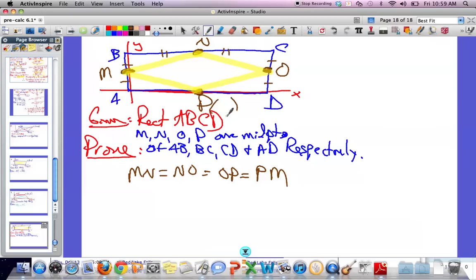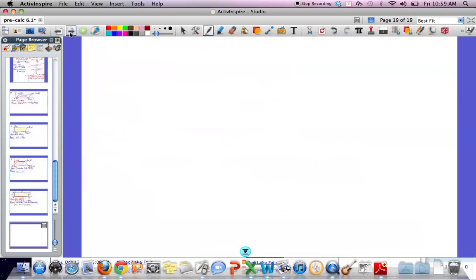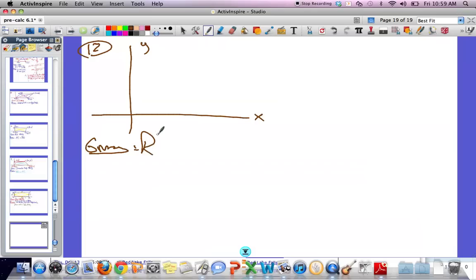Okay, last one. Is there one left? Yep. Let's set it up. Prove that the diagonals of a rhombus are perpendicular. So I'm pausing a second because I'm not sure how I'm going to draw it.